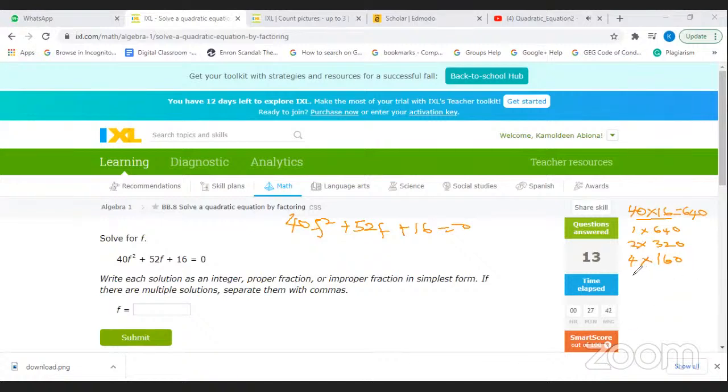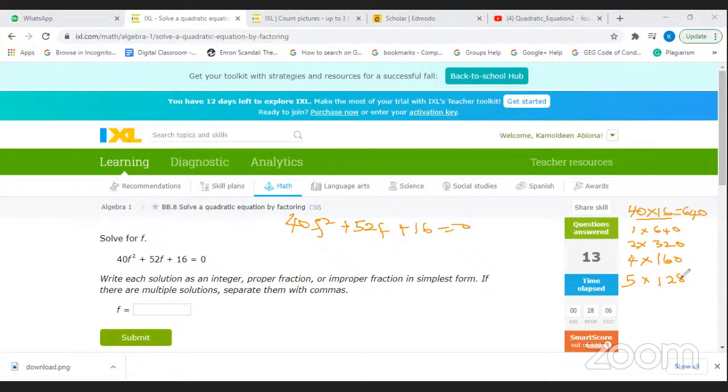That will be 5 times 8, 40. 16 times 8, that should be 128. Yeah, that should be correct.